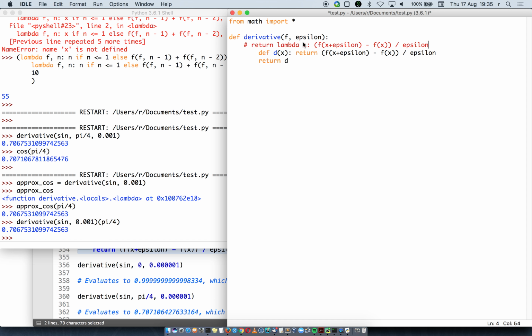You've taken this lambda and you've given it the name d. That's all we've done. But still, d won't be usable, right? d is hidden inside. We're going to get there when we talk about scope.